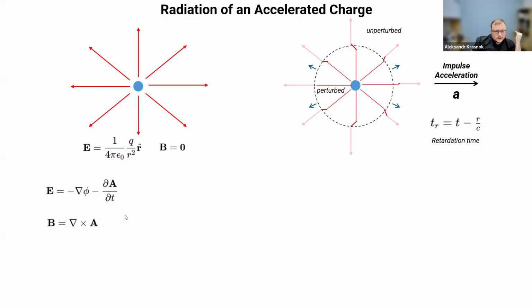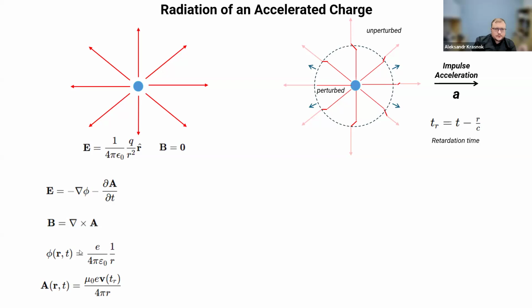To do so, I'm gonna skip the details, just give you a hint how to do so. So we're starting from electric and magnetic field and use the scalar and vector potentials, phi and A. We discussed them when we talked about the static electric and magnetic field.